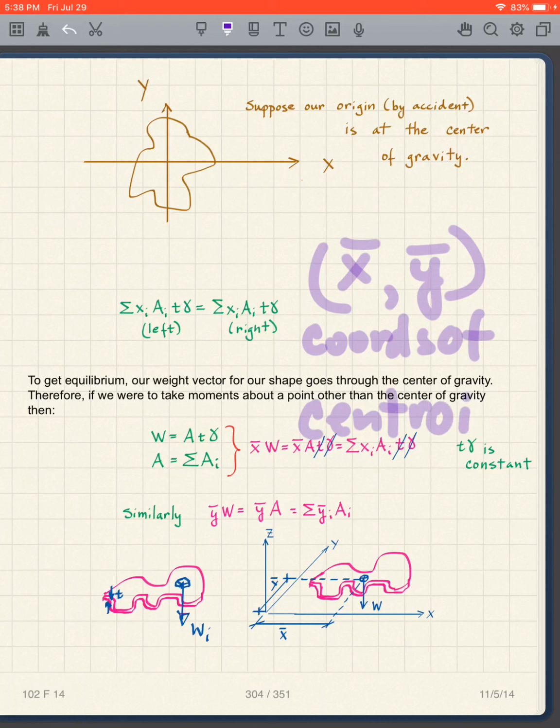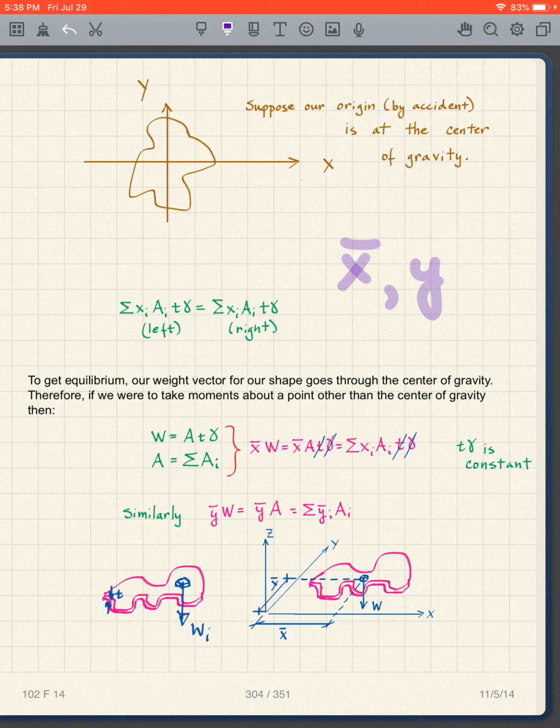So our goal is to find this x bar, y bar when our coordinate system is not located at the centroid. I'm not going to be able to do this most of the time.